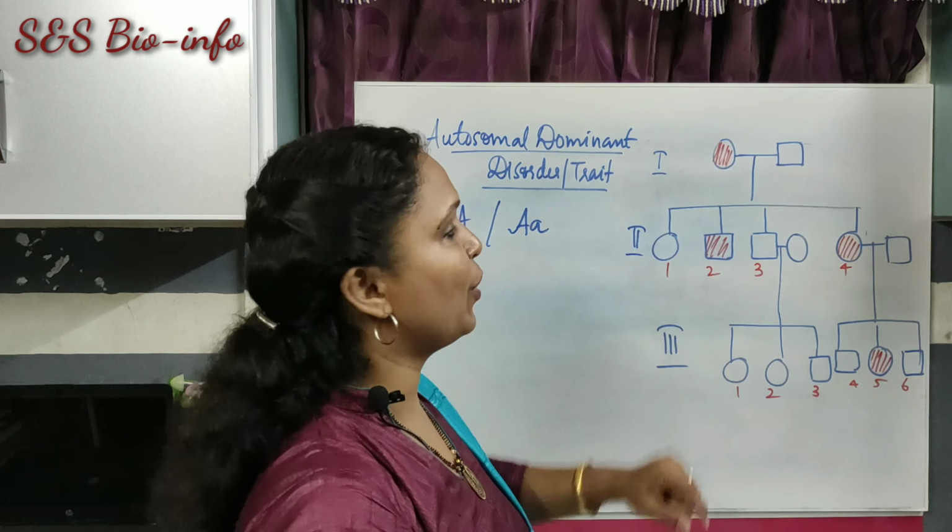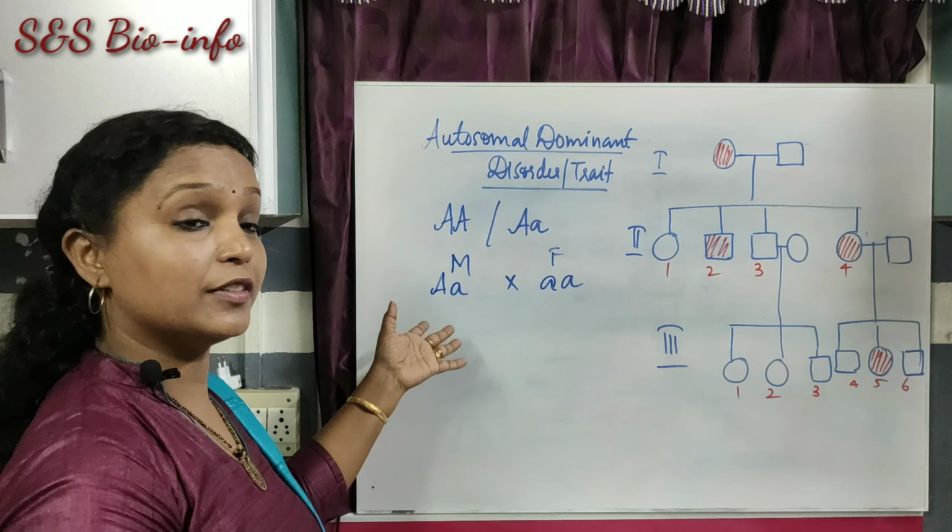As it is a dominant disorder, the affected mother, the affected female, may have either homozygous dominant or heterozygous dominant. Now let's suppose a heterozygous dominant mother, then the unaffected father is definitely a homozygous recessive father. So what are the possible genotypes of this cross?